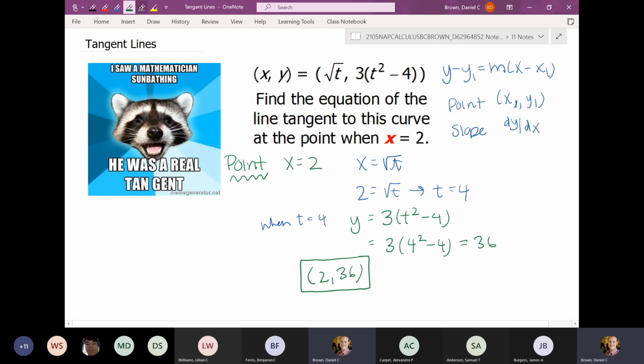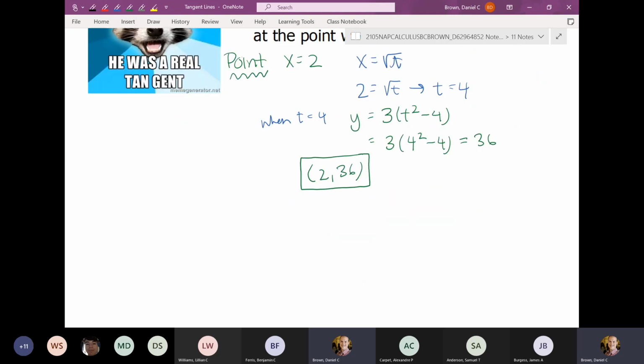After we have the point, we also want to find the slope. And here's where that new formula is going to come into play. The slope of a tangent line is the derivative of y with respect to x, dy dx. This is a parametrically defined function, so we have dy dt over dx dt.